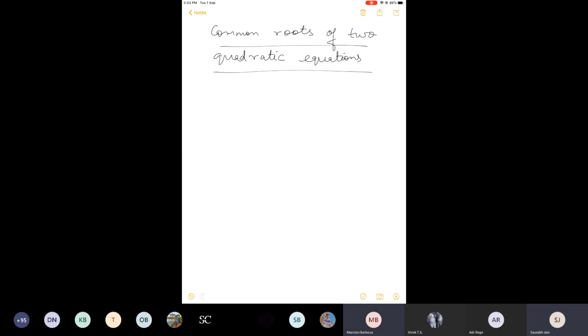So today we are going to study common roots of two quadratic equations. Two quadratic equations will be given to us, and obviously if there are two quadratic equations, both will have two roots each, right?